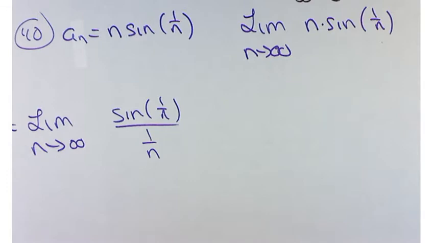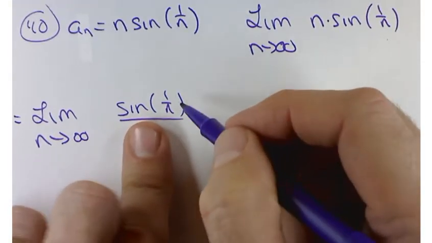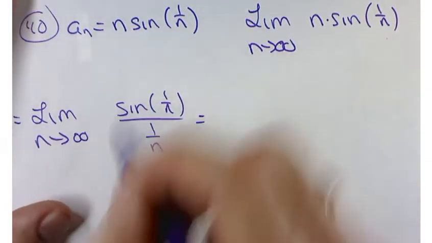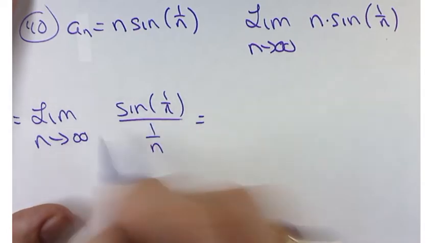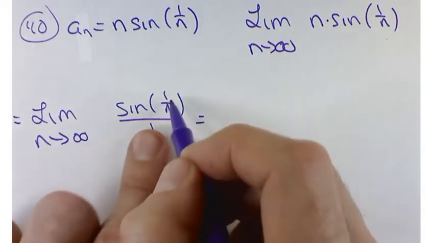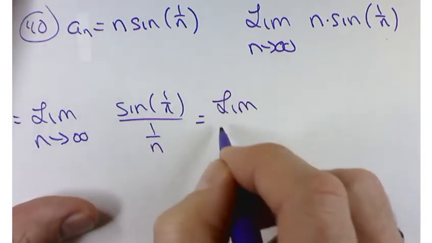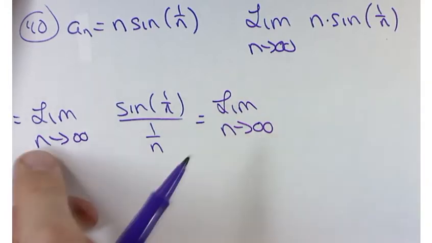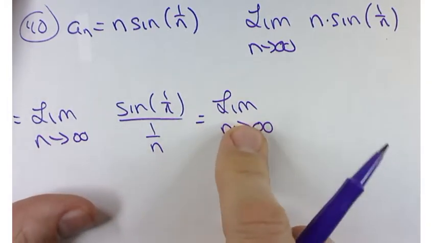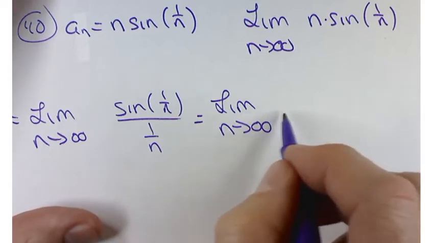All right. So what do we do now? We can use L'Hopital's rule. On the test when I graded it, I saw people treating it as if it's the quotient rule. When you apply L'Hopital's rule, it's the derivative of the numerator divided by the derivative of the denominator. So this will equal the limit, and please carry that limit term around because it's not true unless you have the limit here.